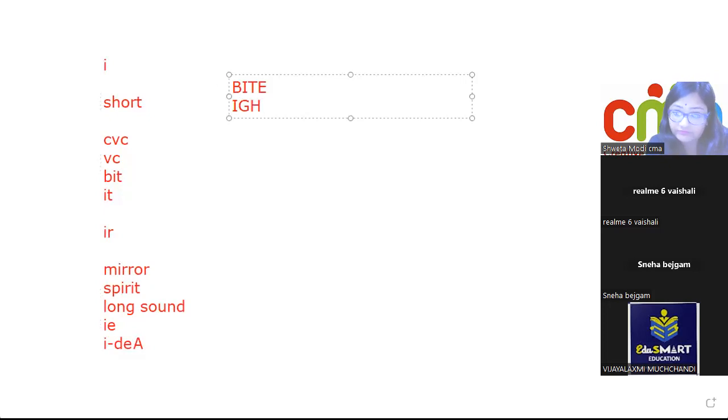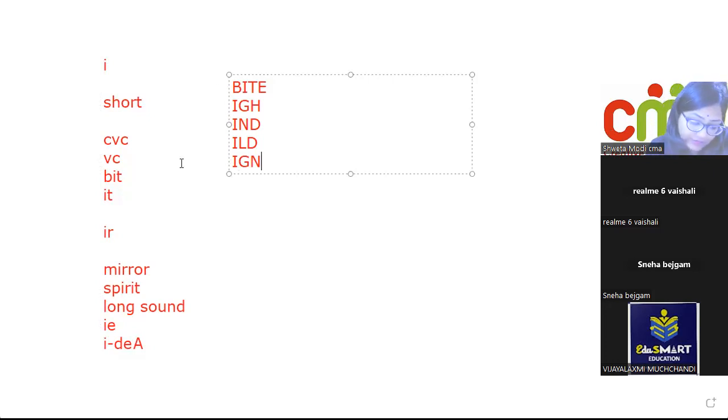We have already done GH, it will make it long. Also, ND will make it long, like in the word find and kind. So IND or ILD or IGN, because we have just now done GN, makes the long I sound. Now, as I told you just a few minutes back, this effect can go when you add a suffix and make the word longer.